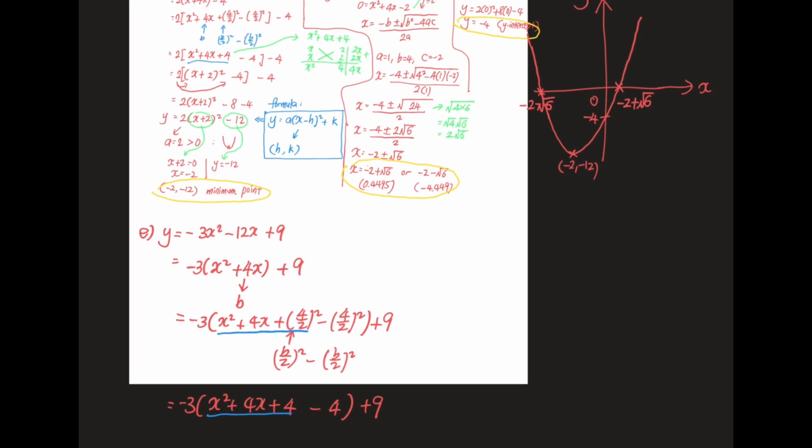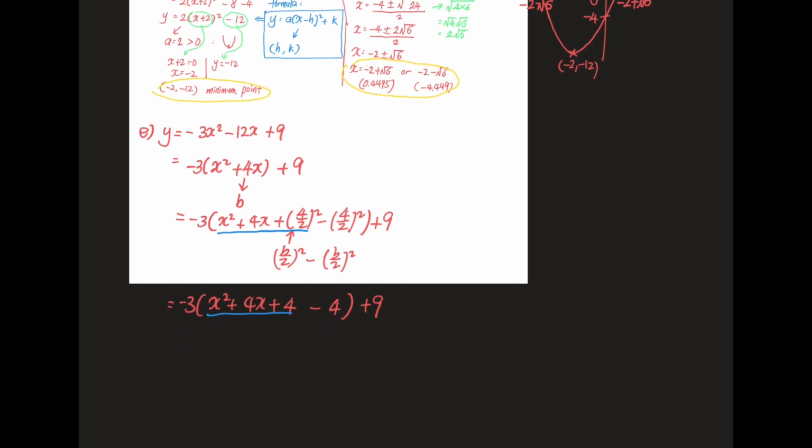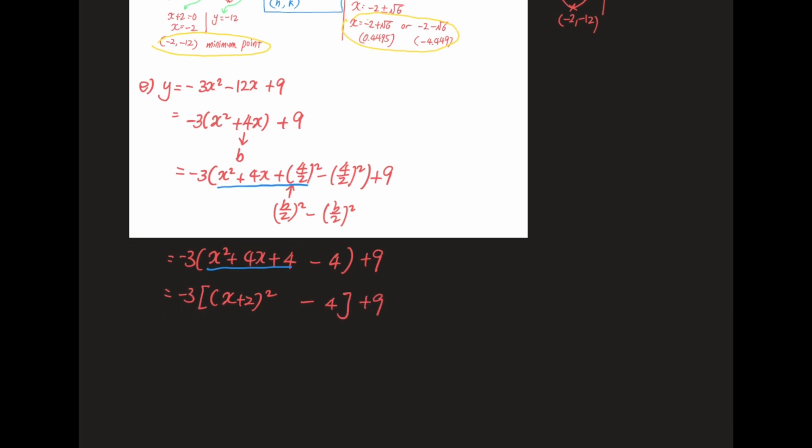So we factorize these three. The way that we factorize will be the same as before. As you can see, they are the same numbers, x squared plus 4x plus 4. So these three will become x plus 2 squared. So we will get minus 3 x plus 2 squared, then minus 4, then plus 9.